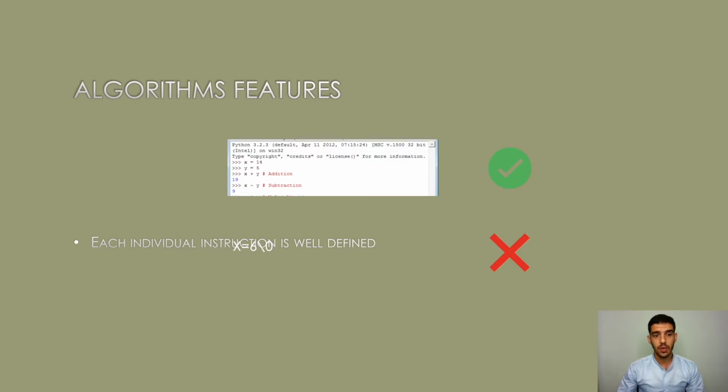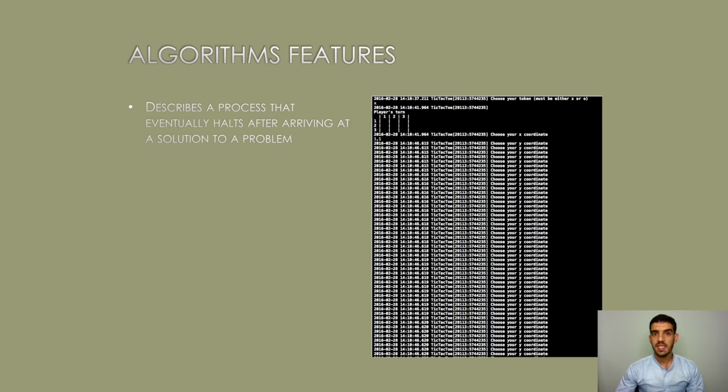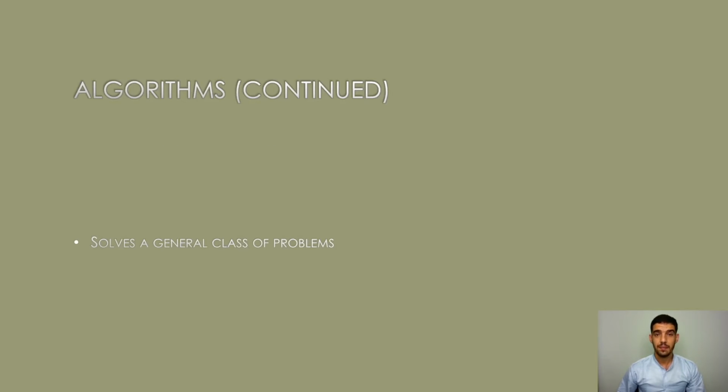Number 2, an algorithm is well defined. So, for example, you cannot have an algorithm to divide by 0. It's impossible. The process described by an algorithm will stop after arriving at the solution, so it shall not run forever or be infinite. And lastly, algorithms solve a general class of problem.